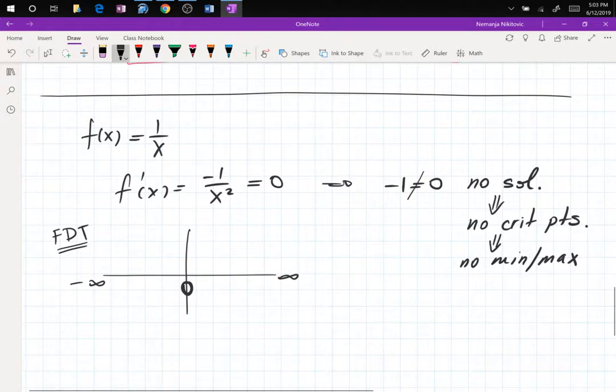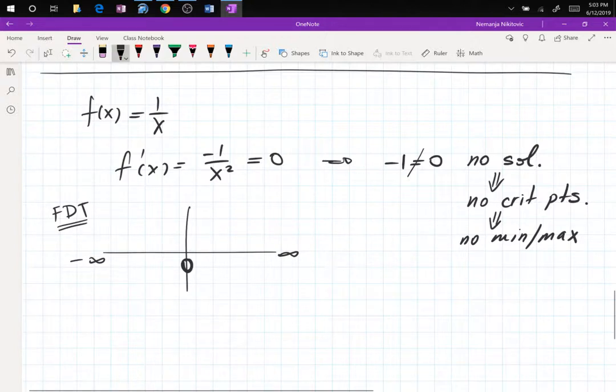I'll summarize it later. Great. So now I have something to work with here. We have the vertical asymptote at 0 because the function is 1 over x. And then the derivative also has the vertical asymptote. Remember that the vertical asymptote location stays where it is as you take the derivative.